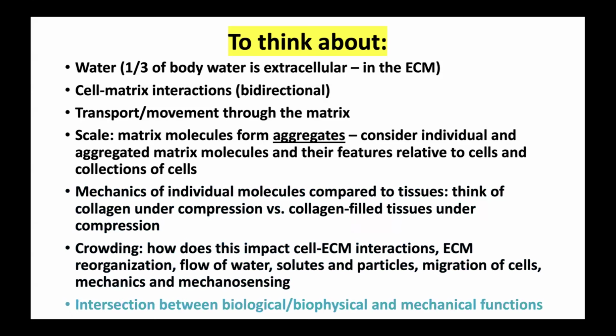And there is an intersection, not necessarily well understood, between the biological and biophysical functions of the ECM and its mechanical functions. We think about how ECM components may be ligands and interact with receptors, but we have to think about the fact that they also have mechanical functions, and they're probably not completely separate.